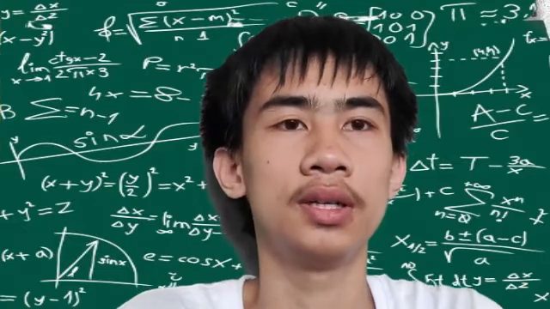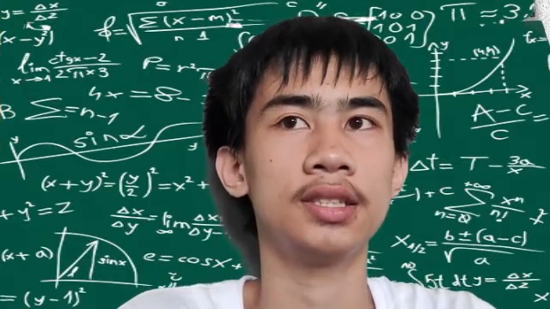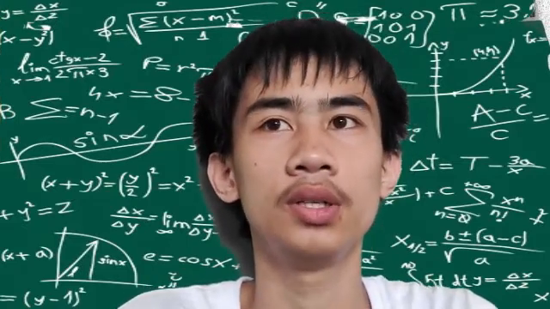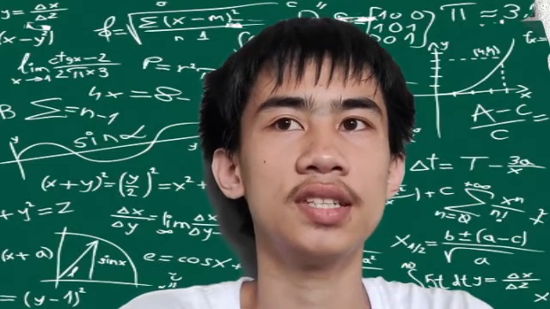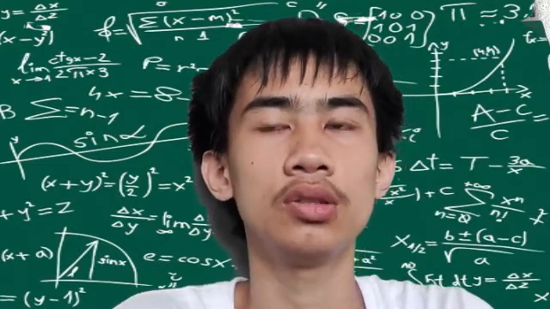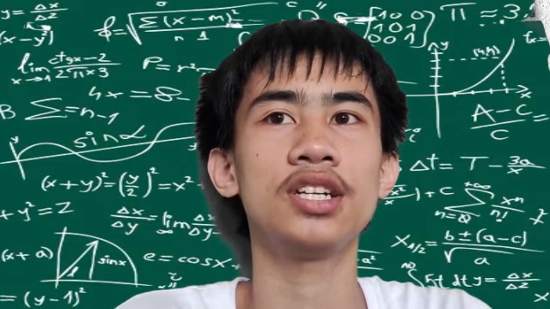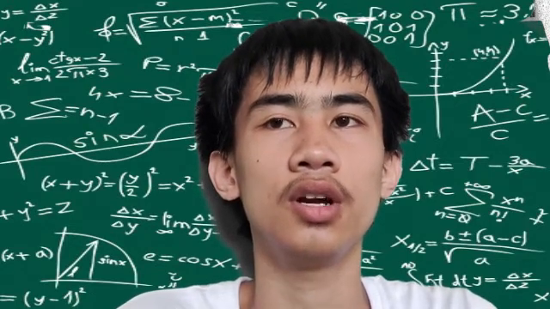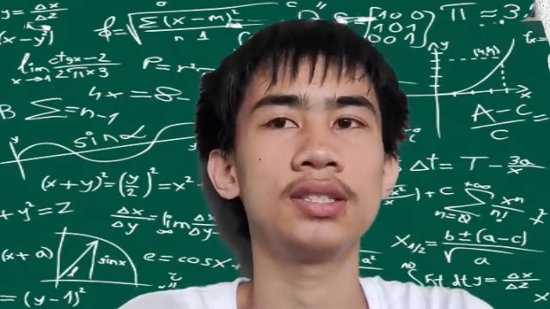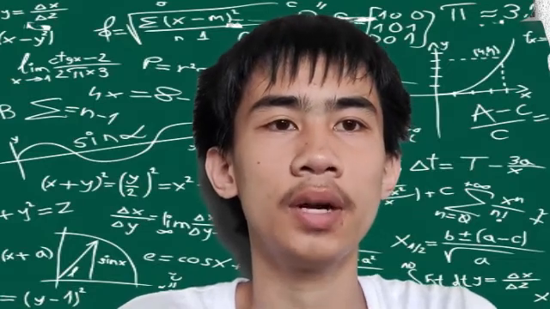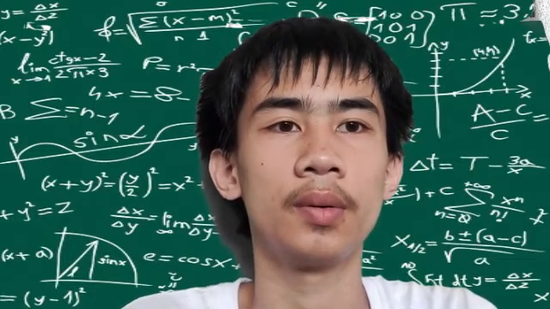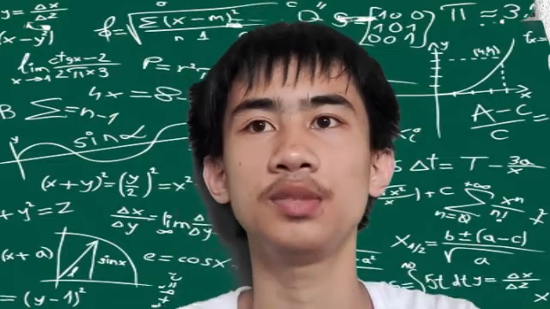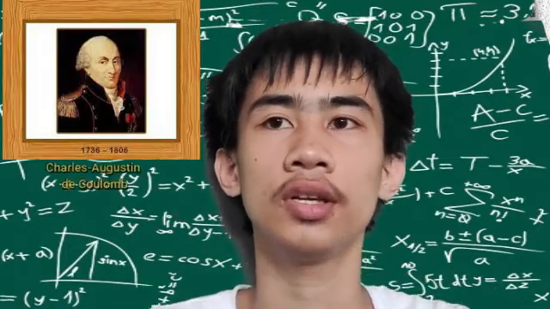Coulomb's law. Coulomb's law is an experimental law of physics that quantifies the amount of force between two stationary electrically charged particles. The law was first discovered in 1785 by French physicist Charles Augustin de Coulomb.